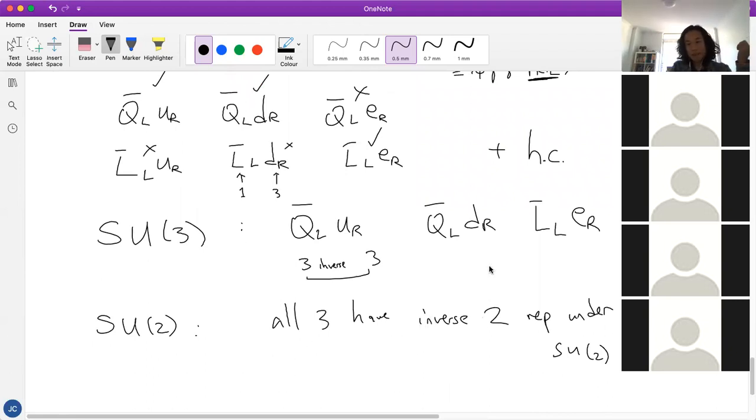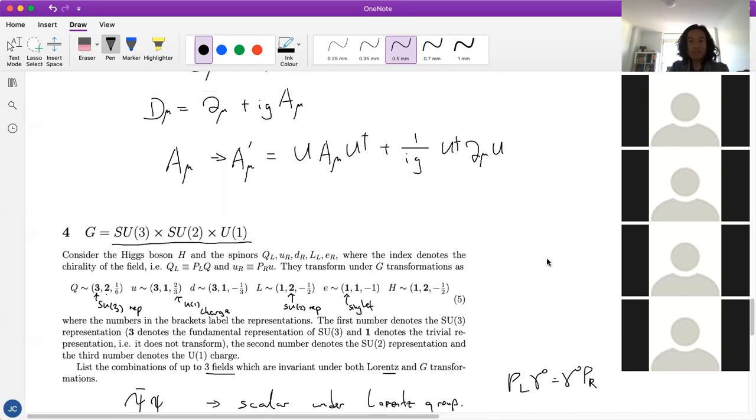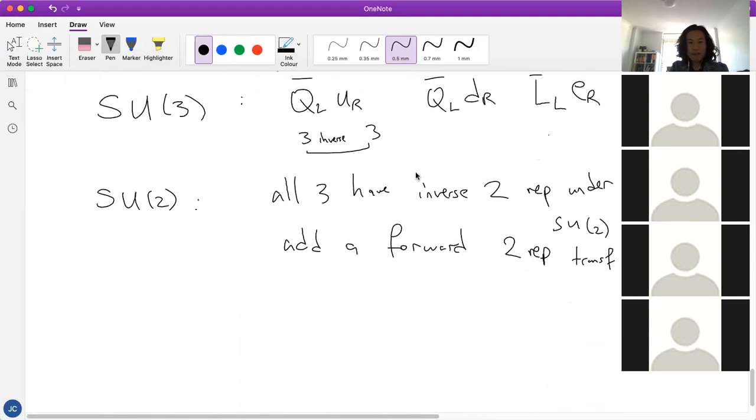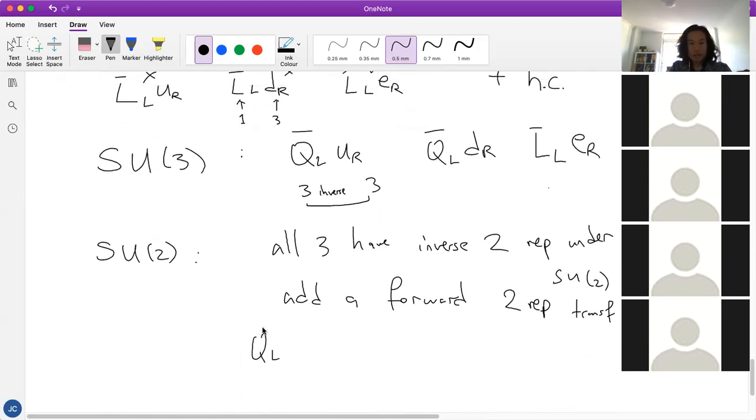So to make them transform as a singlet, we have to add a forward SU2 transformation, a forward 2 rep. And luckily, the Higgs boson transforms as a forward 2. So if I simply add the Higgs to them, then they are now SU2 singlets.